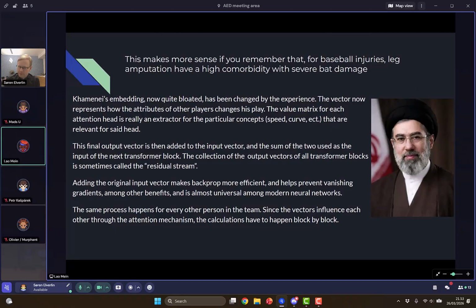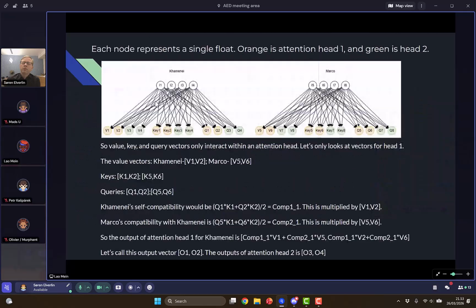He is Hamane as he plays given the other players on his team, how he'll actually play after you consider all of the influences from the other players. And this process repeats once for every transformer block. So you keep doing this over and over again, and also there's funneling into the very last token. And yeah, there's magic.